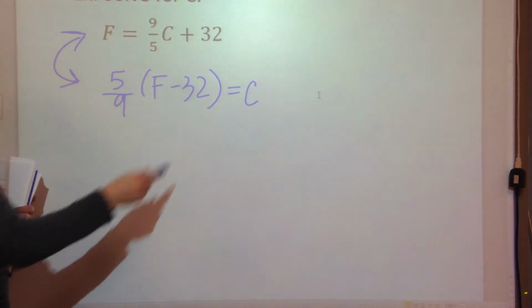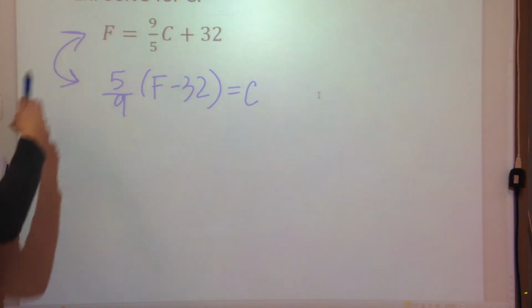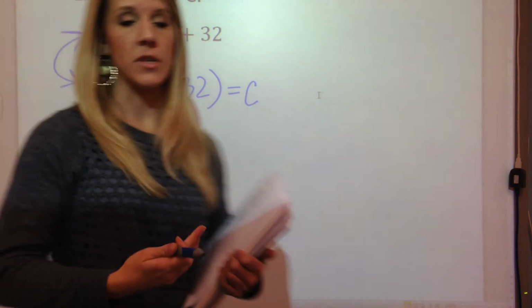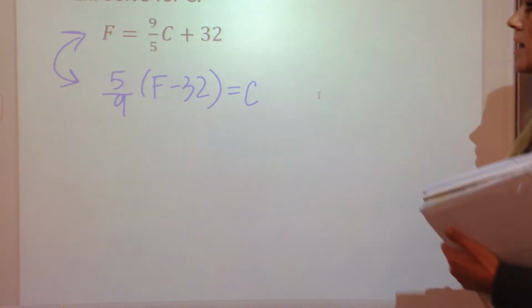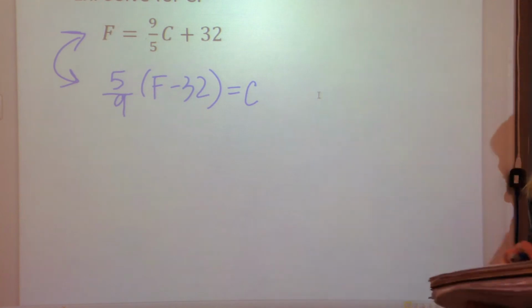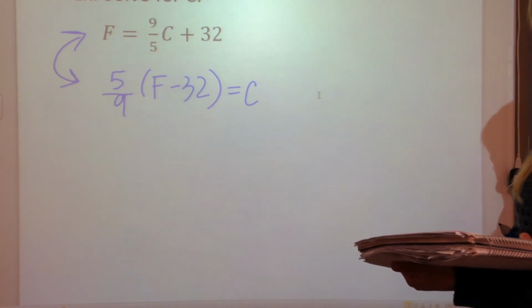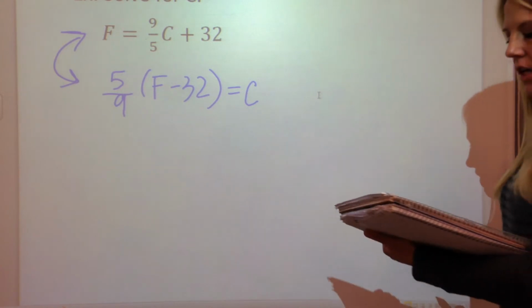Or if I were to plug in 100 for C, here I should get out 212. So let's see if that happens. That means they would be equivalent formulas if what I plug in for one is what I get out for the other. So every value that satisfies one equation satisfies the other.